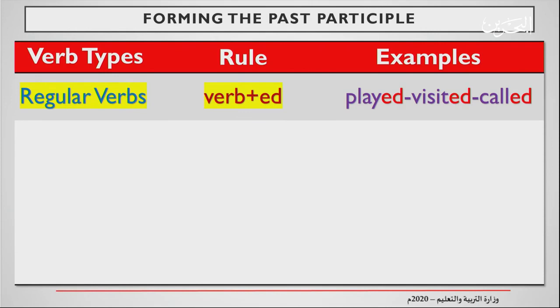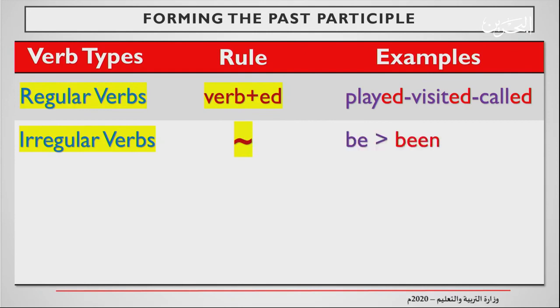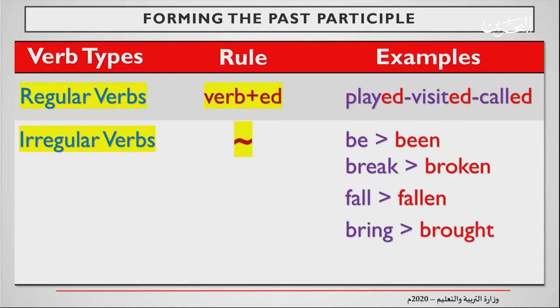Played, visit, visited, call, called. But we also have a different category. It is irregular verbs, where we do not have a simple rule. Just like be becomes been, it changes totally. And then break, broken. Fall, fallen. Bring, brought. Cost stays the same, cost.